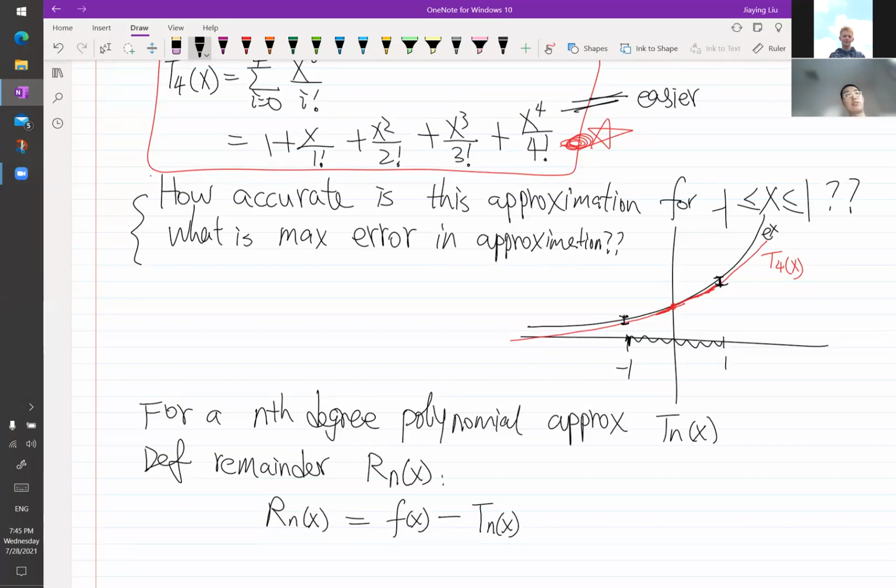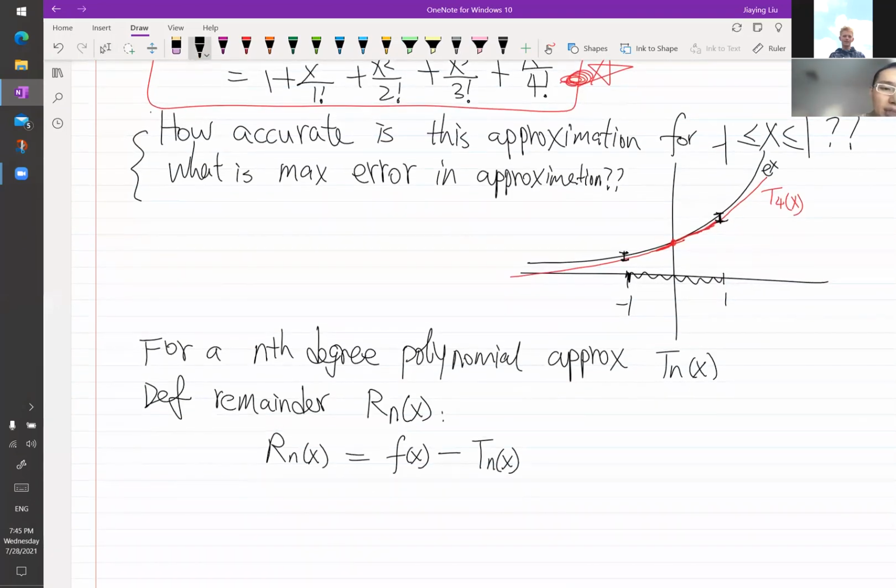So the actual difference between the function and the approximation is what we call the remainder. And the absolute value of R_n(x) equals the absolute value of f(x) minus T_n(x).